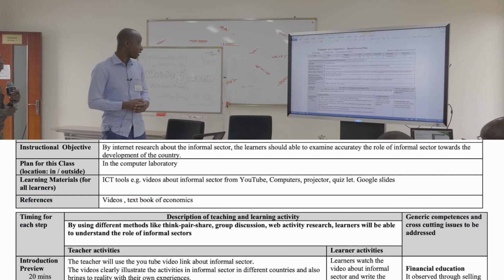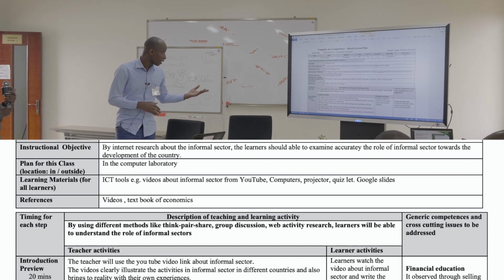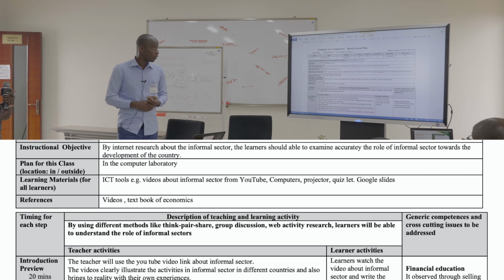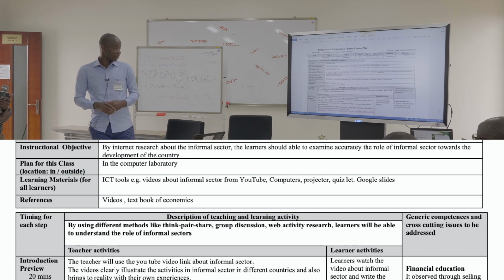So we identified some of the learning materials we are supposed to use. Learning materials, the ICT tools: we have a video about the informal sector from YouTube. Then we are going to use a computer, then a projector, then our other ICT tools, Quizlet and Google Slides.